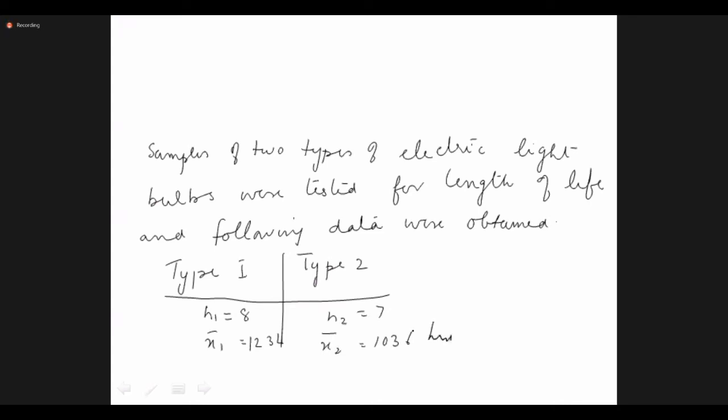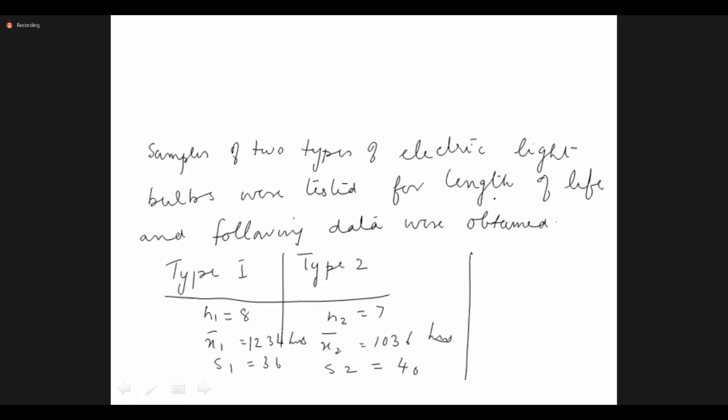These are in hours. S1 is 36, S2 is 40. This is for type 1 and type 2: N1, N2, X1 bar, X2 bar.